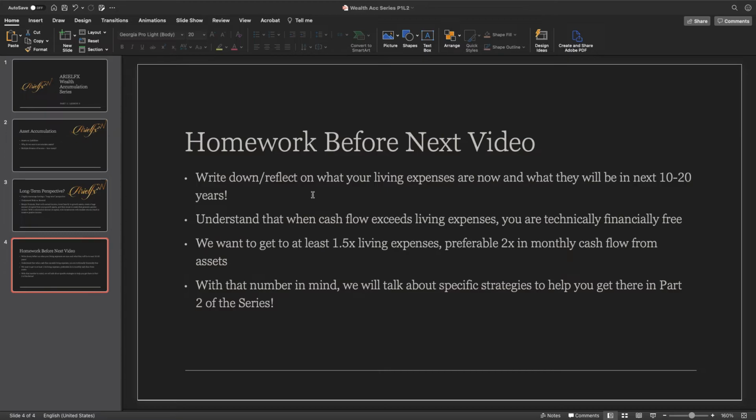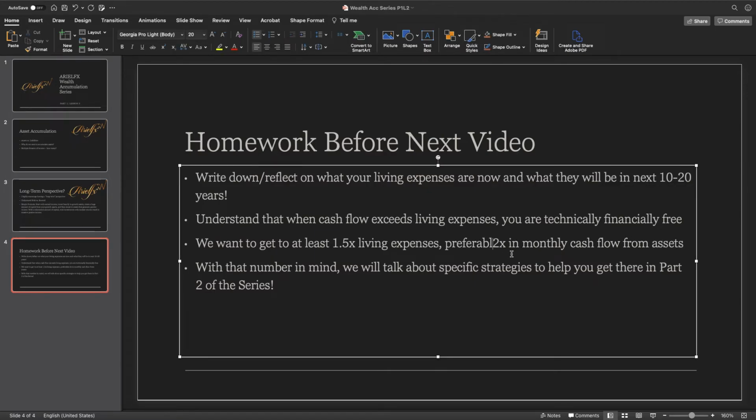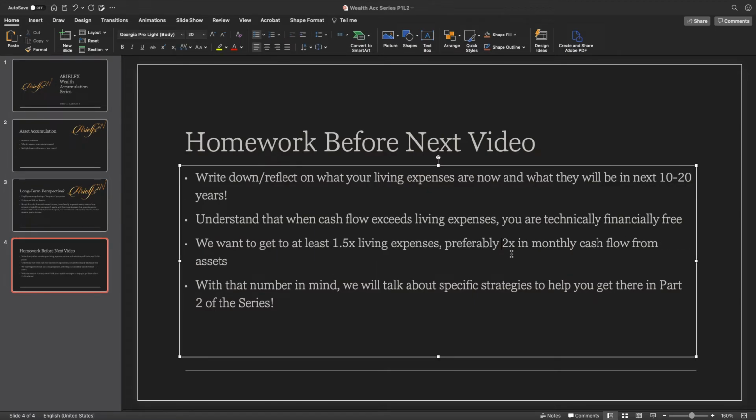Preferably 2x, in monthly cash flow from assets. So let's say you need 10,000 a month for your living expenses.